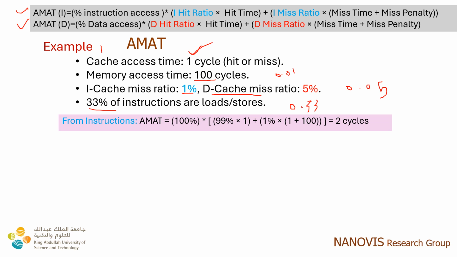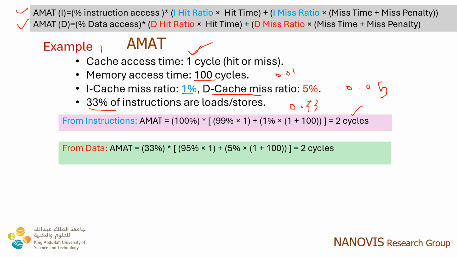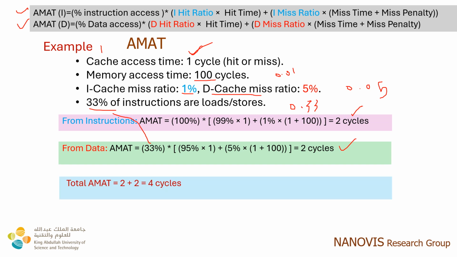So if you calculate this, it gives us 2 cycles. For data cache we have 95% multiplied by 1 plus 5% multiplied by 1 plus 100. It leads us to 2 cycles. So the total AMAT is 4 cycles.